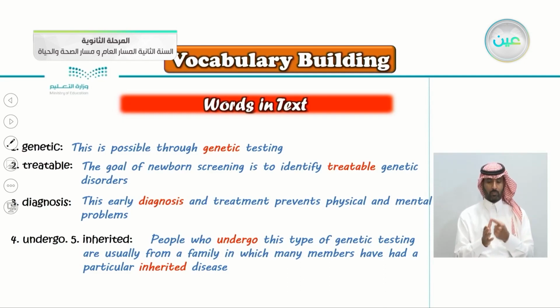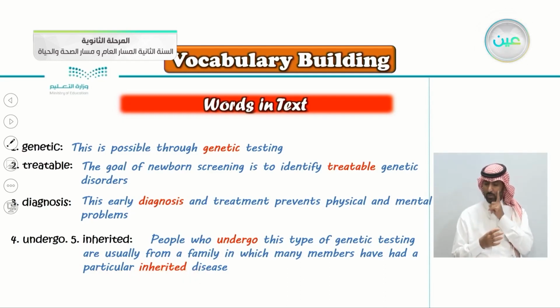The first one, genetic. This is possible through genetic testing. Treatable. The goal of newborn screening is to identify treatable genetic disorders. And we have also the words diagnosis and undergo and inherited in the same sentence. People who undergo this type of genetic testing are usually from a family in which many members have had particular inherited diseases.